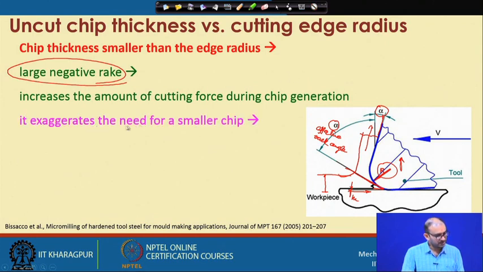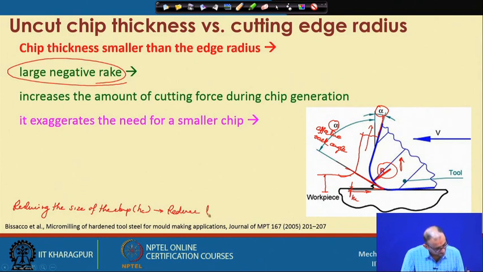It exaggerates the need for a smaller chip. Now we know that if you reduce the size of the cutting tool, size of the chip, that is HC, we can reduce the cutting force, right?